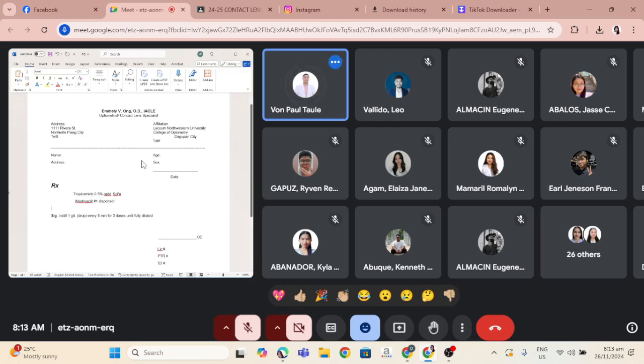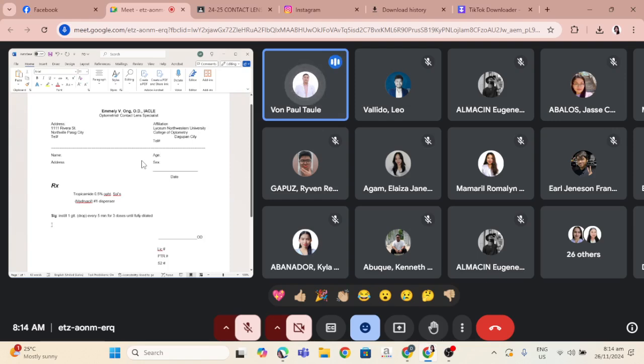But here, in the case of tropicamide, this is an instruction for the practitioner when we are going to do some diagnostic tests using 0.5% tropicamide. So you are to instill one drop, or GTT or gutta, every 5 minutes for 3 doses until your patient has achieved full dilation. So that is our SIG.